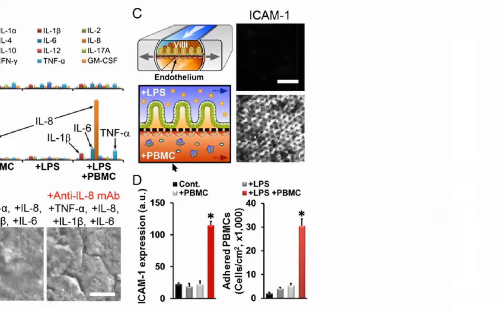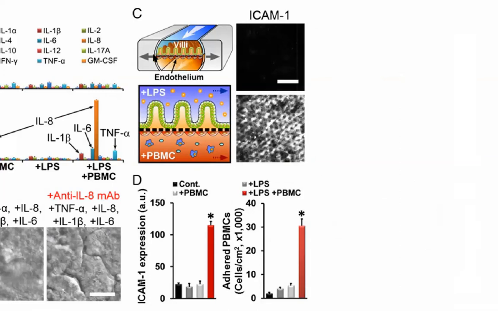So when they want to move this model to an organ level, a very key process in the organ-level inflammatory response is the recruitment of circulating immune cells, meaning that when inflammation happens, it will recruit PBMC from the capillary.